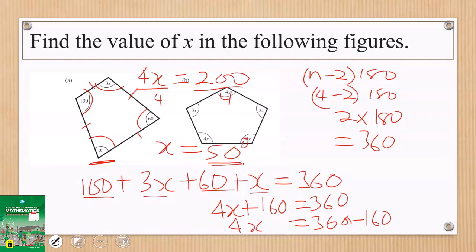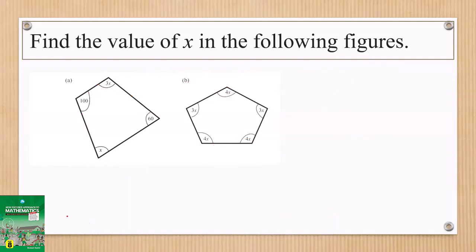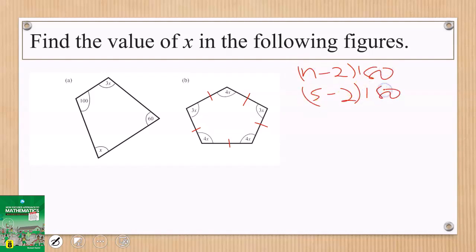Let's try the second one. The second one we have 1, 2, 3, 4, 5 sides. A 5-sided figure, the sum of the interior angles should be n minus 2 times 180, right? And our n is 5, so 5 minus 2 times 180 gives us 3 times 180, and 3 times 180 will give us 540.